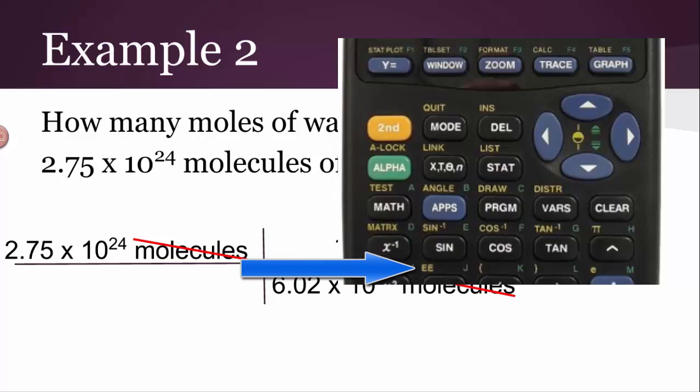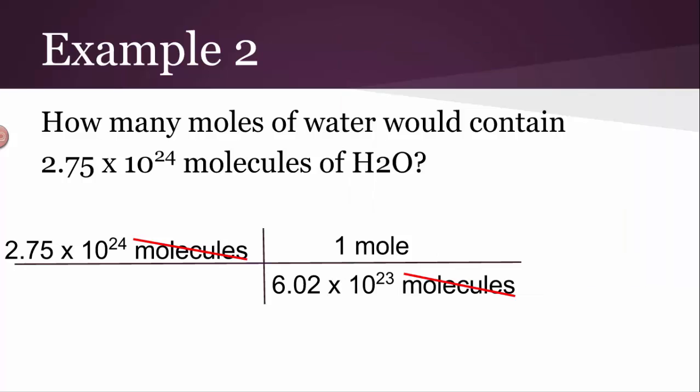That's the exponent button. That will allow you to put in the exponent. And I'll show you this in another video. So I divide 2.75 times 10 to the 24th molecules by 6.02 times 10 to the 23rd molecules. Molecules cancel out. I get 4.57 moles of water.